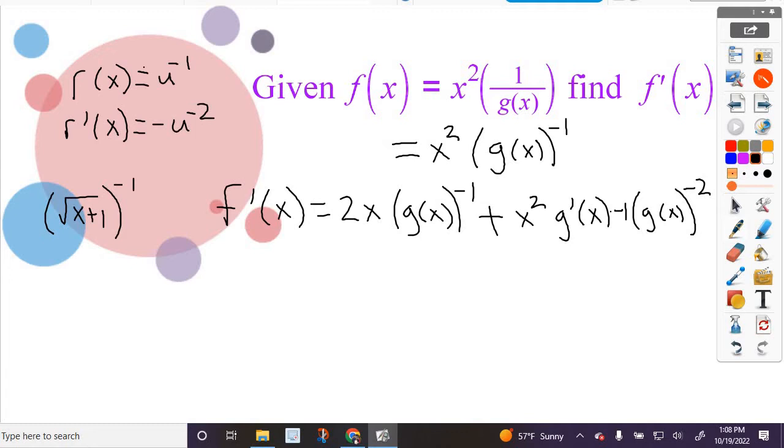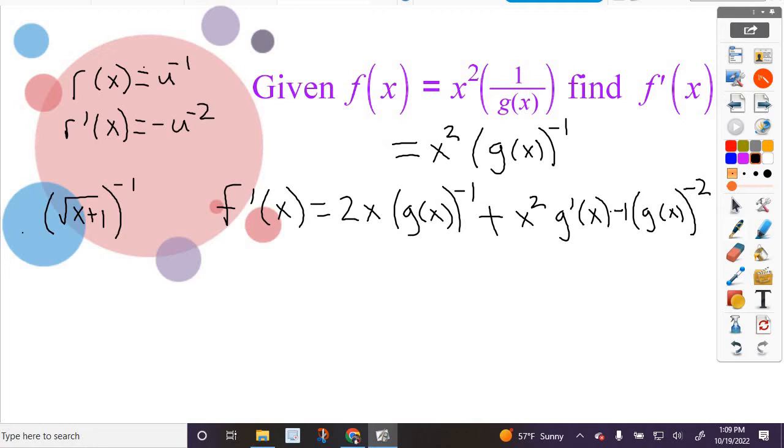I would have to take the derivative of the inside stuff, and then I would have to take the derivative of the outside stuff, right? The only difference is this time I don't know what g of x is. So I can't actually take the derivative because I don't know what that function is. However, it is a function that has x's in it. So I still have to account for that, I have to take the derivative of the inside.